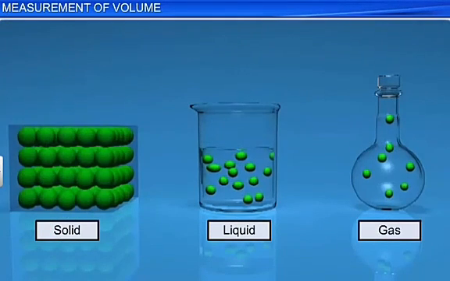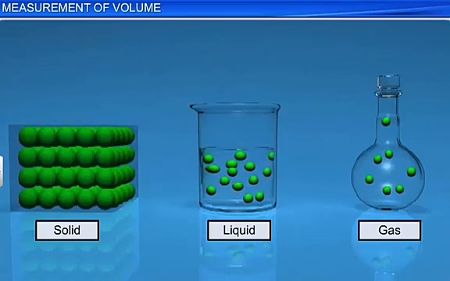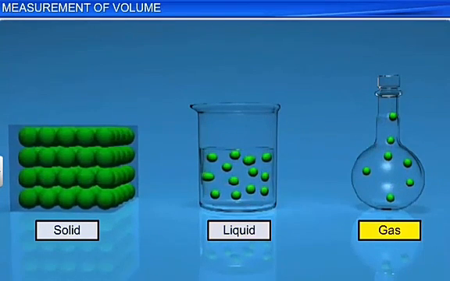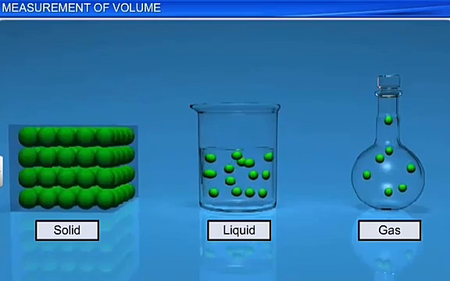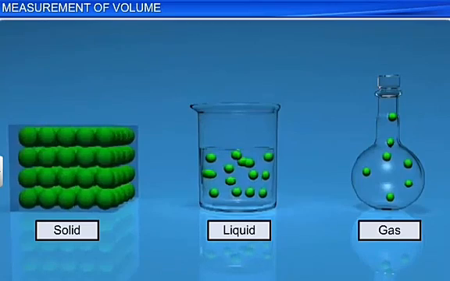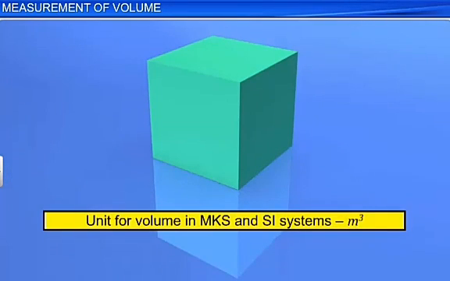We have seen different types of substances, such as solids, liquids, and gases. The space occupied by a substance is called its volume, which is denoted by V. The unit for volume in the MKS and SI systems is meter cube or cubic meter. 1 meter cube is defined as the volume of a cube of side 1 meter each.